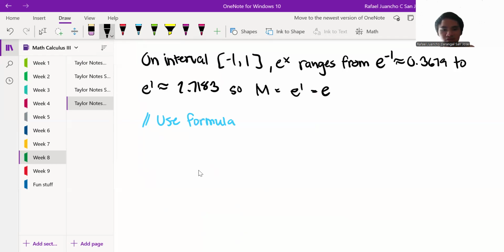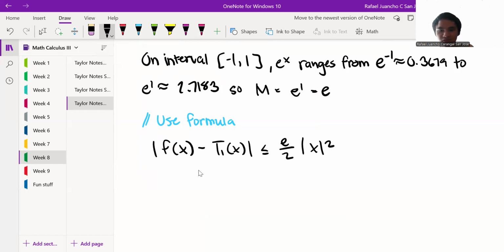So we say, okay, well, my error bound is m divided by 2 x squared. Now, why is it x squared? Well, that's because x minus 0, right?